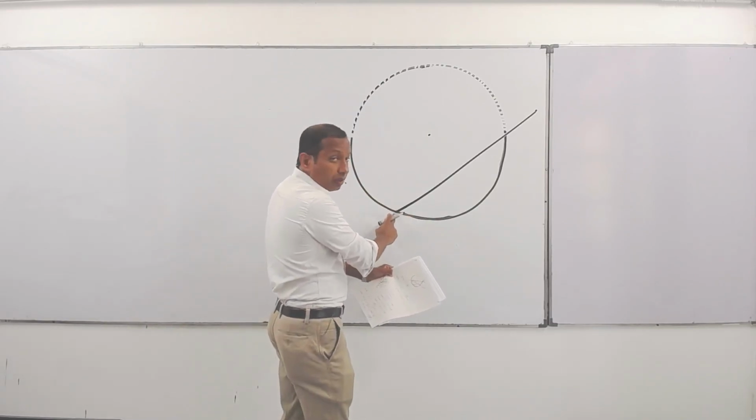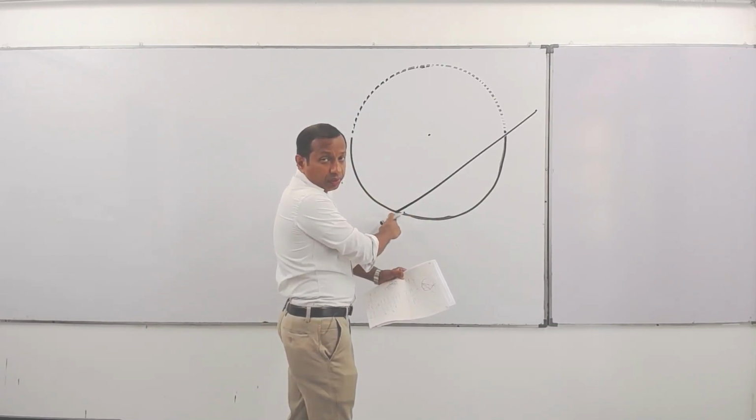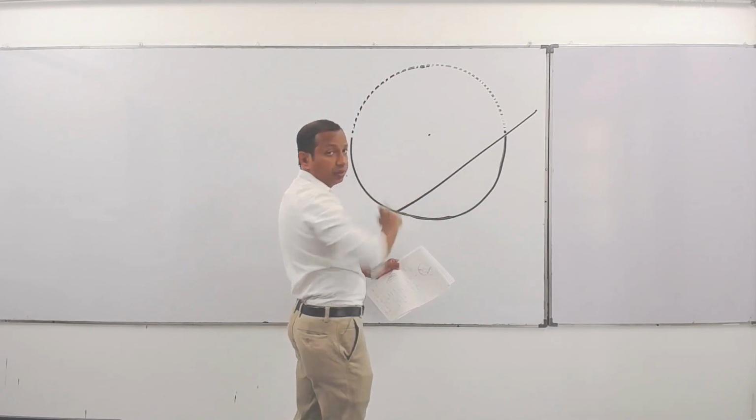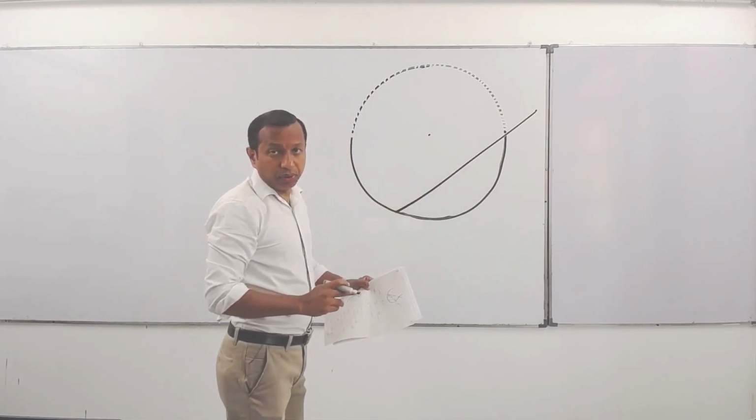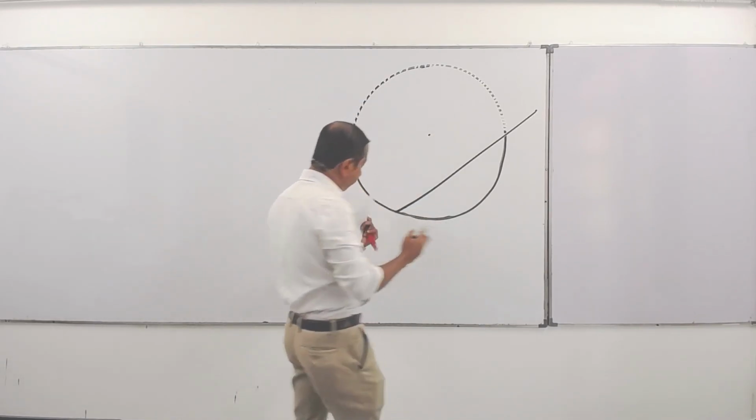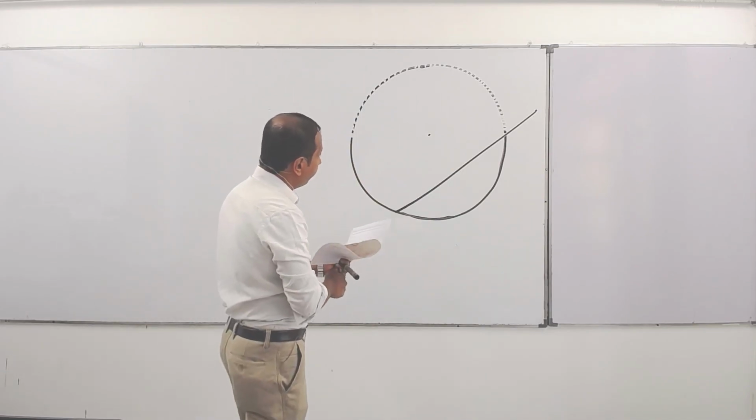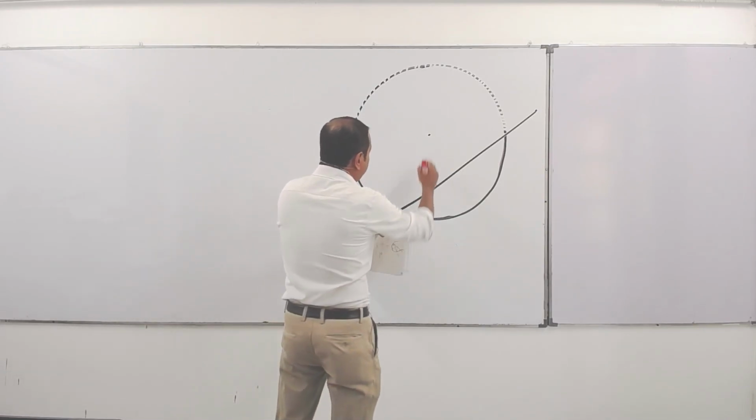Here the reaction coming to the end of the rod will pass through the center of the ball. Right. So then if I mark them, I can mark them like this.